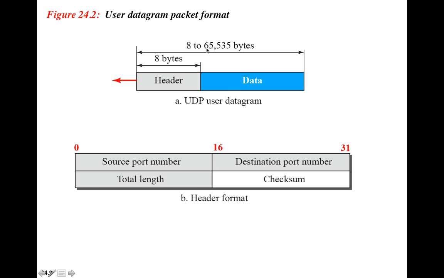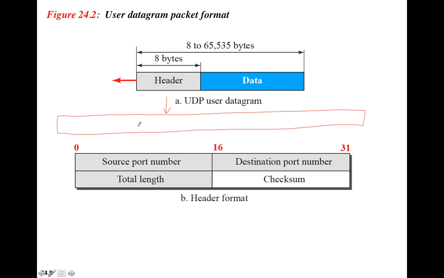Now, although we have a total size of 65,535, in reality, if we are using IP, we can't use that size. It has to be less. And that is because the maximum size of an IP packet is the same, 65,535. So if this packet is coming from above, then we will have the IP header and we will have the UDP packet.